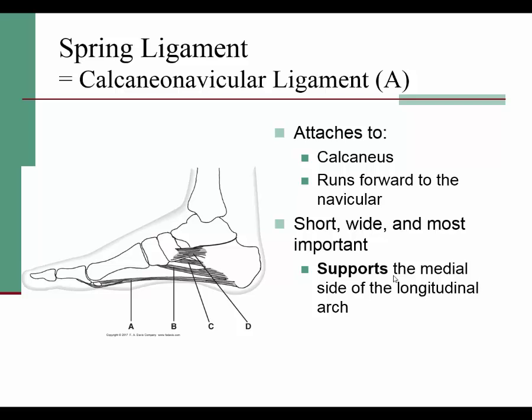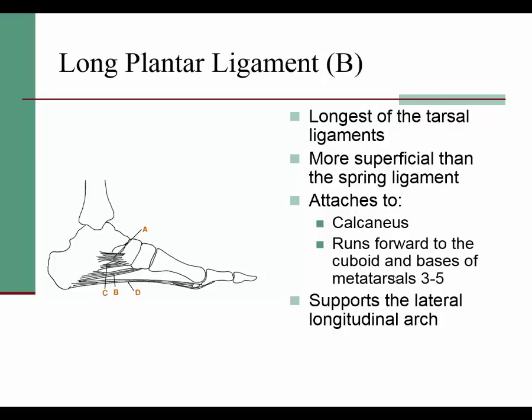The long plantar ligament is the longest of the tarsal ligaments. It's more superficial than the spring ligament. It attaches to the calcaneus and runs forward to the cuboid and the bases of metatarsals 3 through 5. It supports the lateral longitudinal arch.